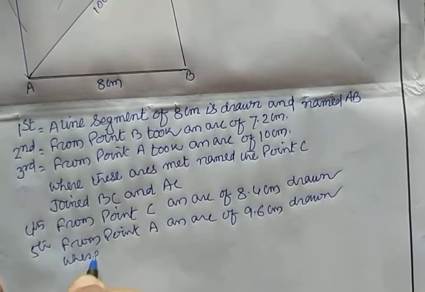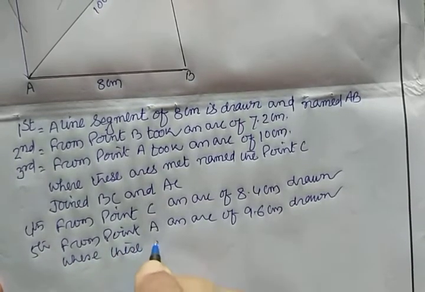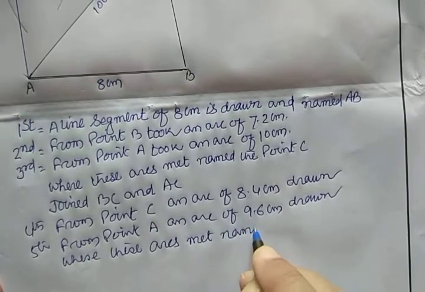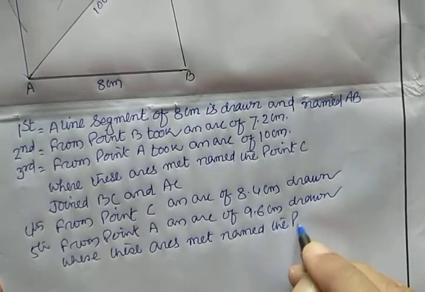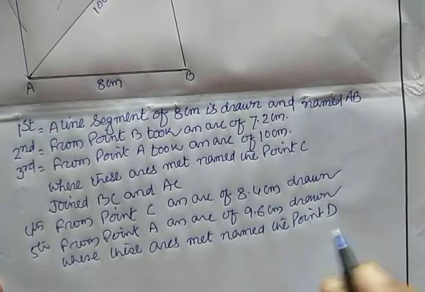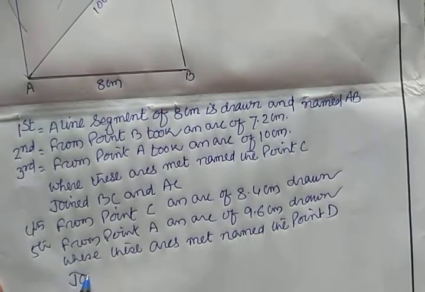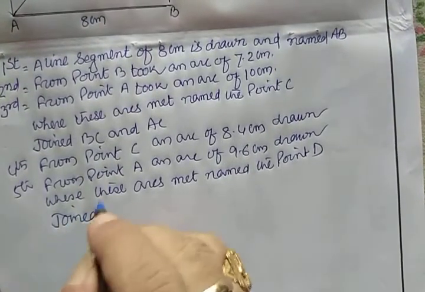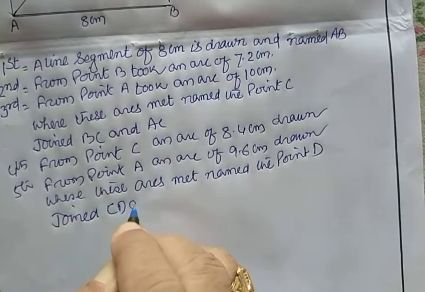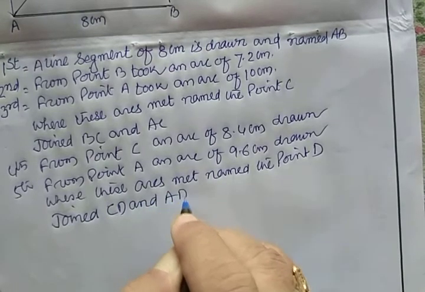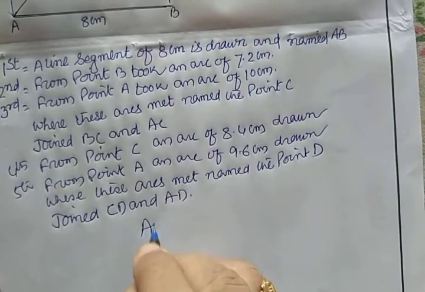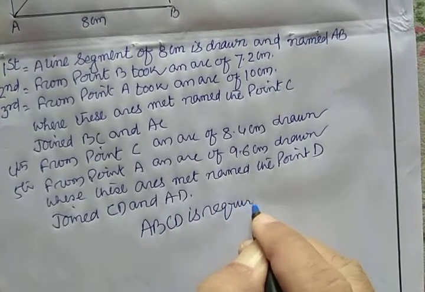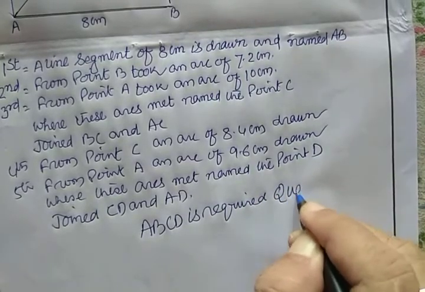Where these arcs met, named the point D. Joined CD and AD. So ABCD is the required quadrilateral.